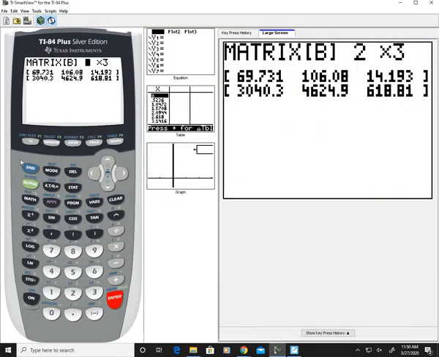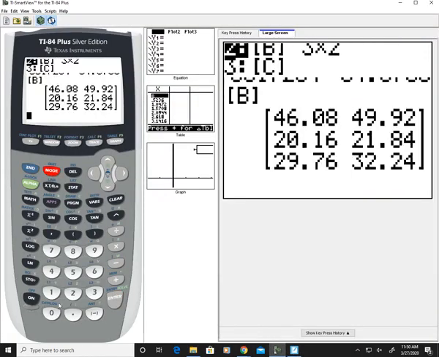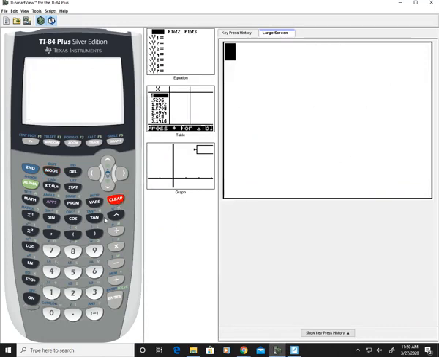Let me just look at that one contributor for a second here. 27 minus 14. So you really only expected to have 14.193. Remember that those decimals are important.